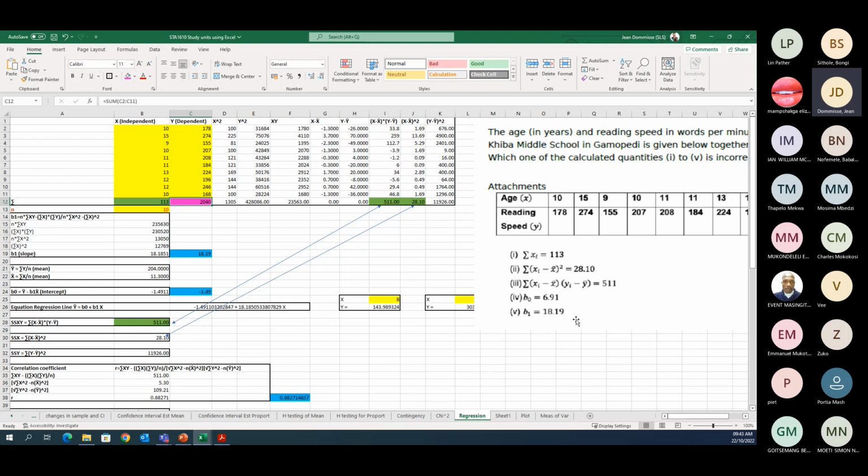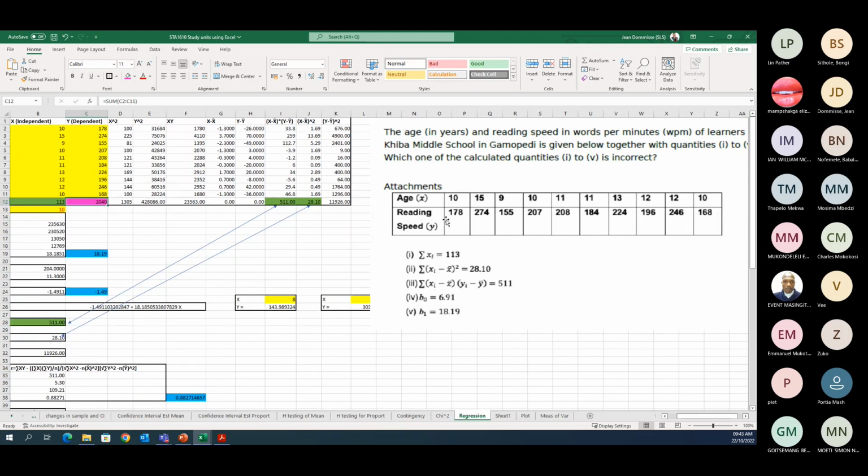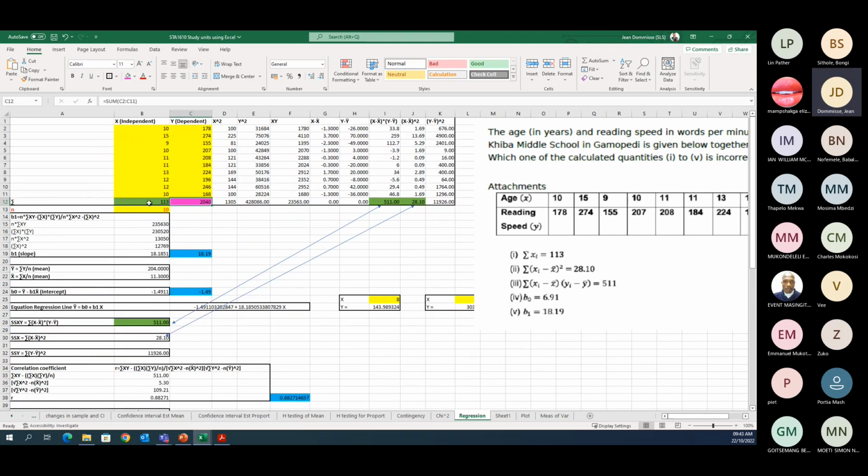Okay, so in here, they've asked us the sum of the X's, 113. So you could have, in the exam, just added all of those together, and that would have given you the sum of all of those.